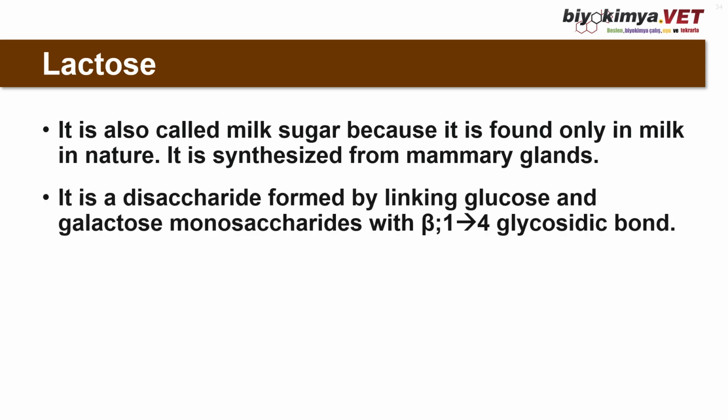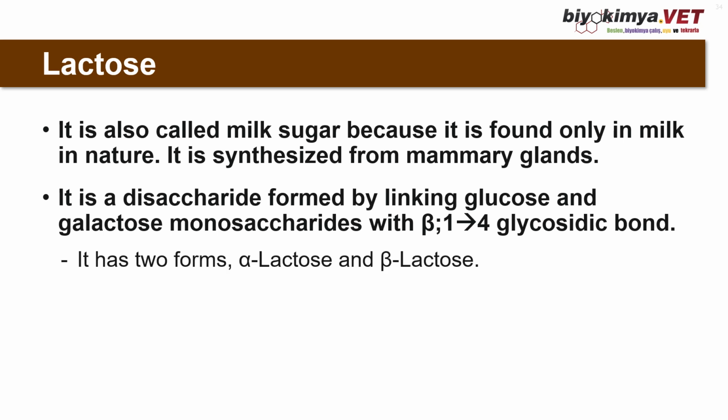Lactose is composed of 1 mole of glucose and 1 mole of galactose monosaccharides, and the bonding pattern is a beta 1,4 glycosidic bond. And there are two forms of lactose, alpha and beta lactose. The alpha and beta, I remember, come from anomerism. This means the type of anomeric hexose they carry is the difference in lactose.